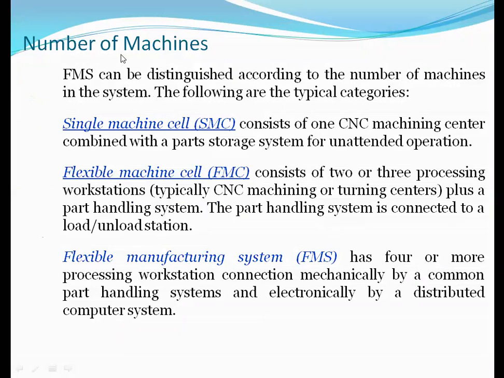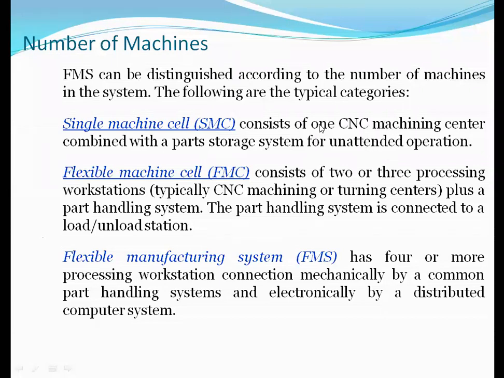Based on the number of machines, there are three types. One is a single machine cell, which is called SMC. Second one is the flexible machine cell, which is FMC, and third is the flexible manufacturing system itself. So what is this single machine cell? It consists of one CNC machining center combined with a parts storage system for unattended operations.